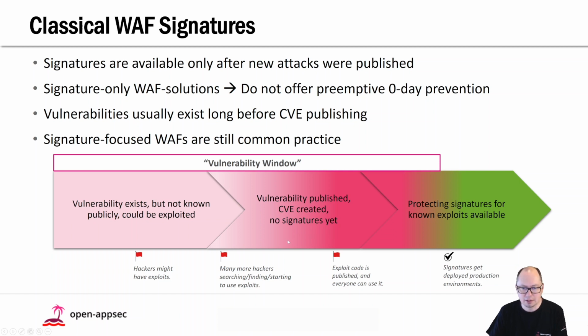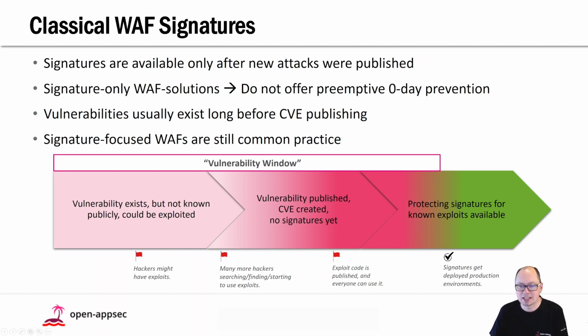And then while the signatures are being created, and even before they are created, of course, many more hackers are now getting information about this and start to look at additional exploits and how they can take benefit of the information in the CVE. So there might be more people actually trying to use exploits and have access to some exploits already.